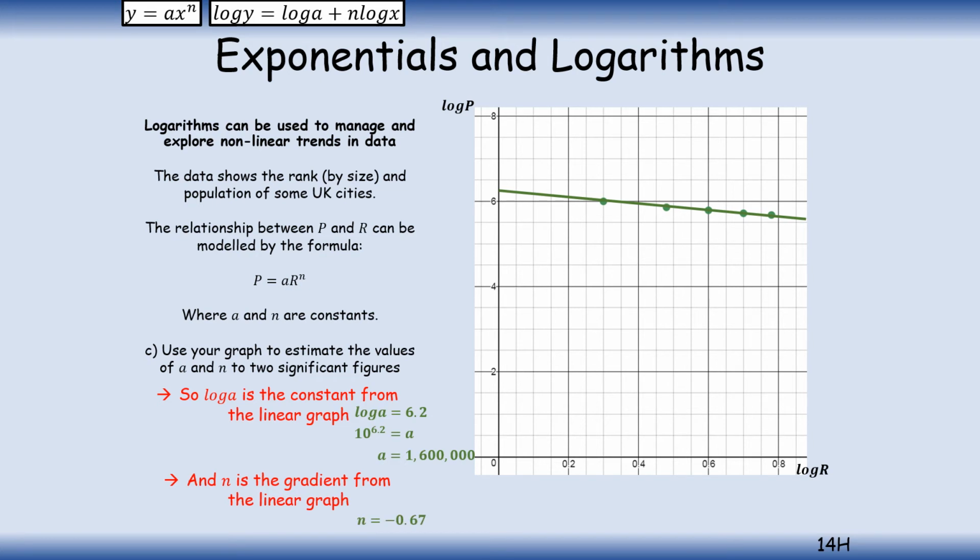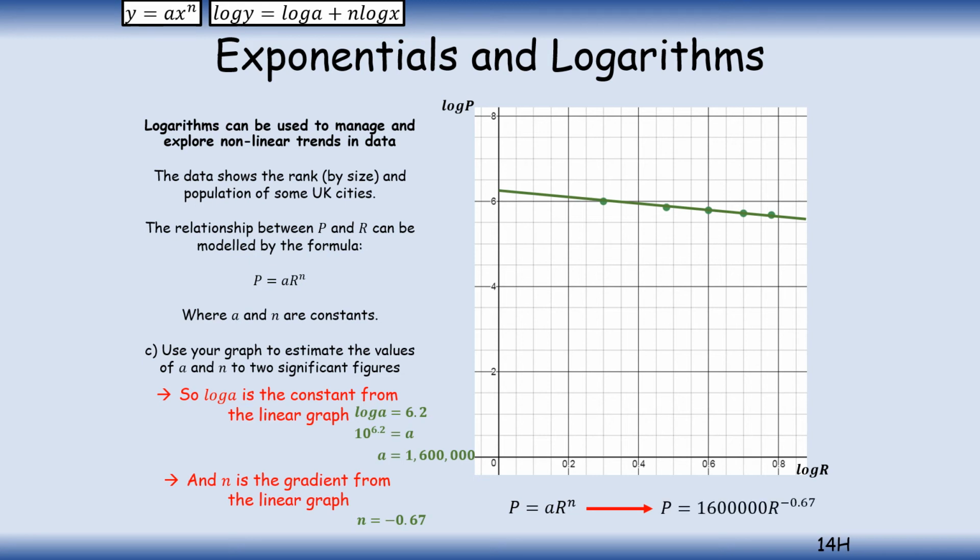Now for n, that's just the gradient of the line. So you could simply take any two points and do rise over run. When you do the gradient between two points, it should give you approximately n equal to minus 0.67. So now we have the gradient n and we've got the A value. We can simply substitute into this formula.